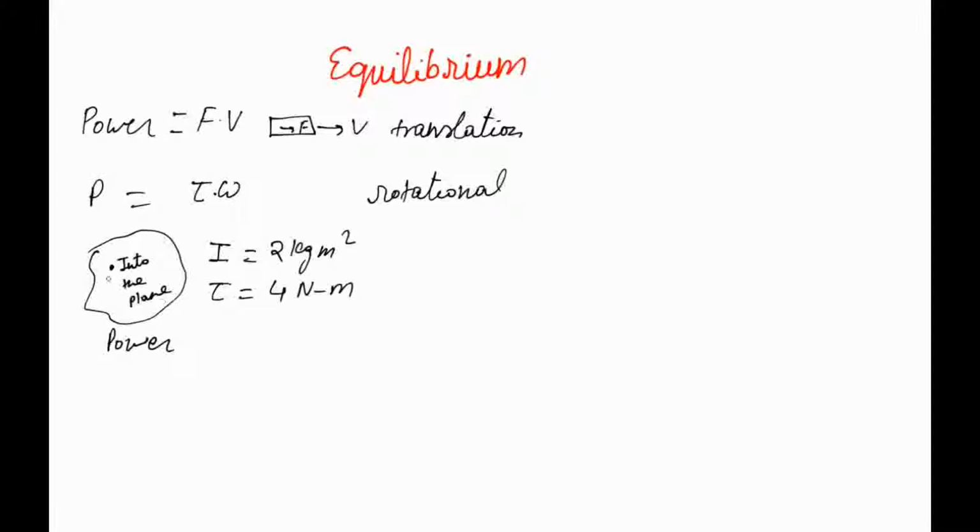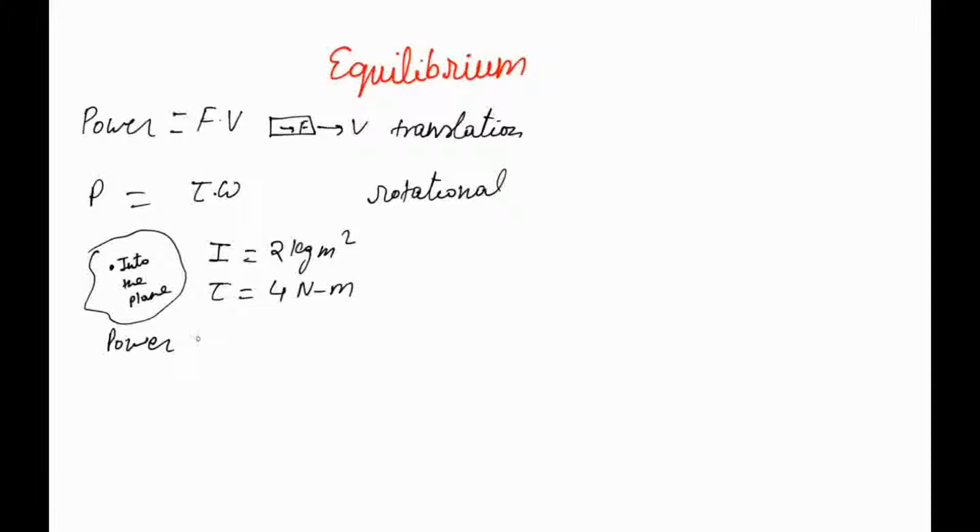So there's something, some machine, that has provided a torque of this amount and is rotating this whole thing. How much power is that machine providing to achieve these parameters?